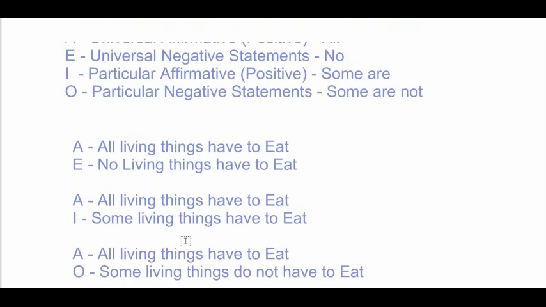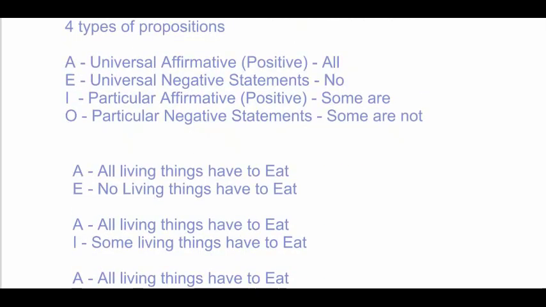Now, here, if you notice, we have the universal proposition all. We have living things, and then we have eat. So let's break it up and understand what eat means, what living thing means.